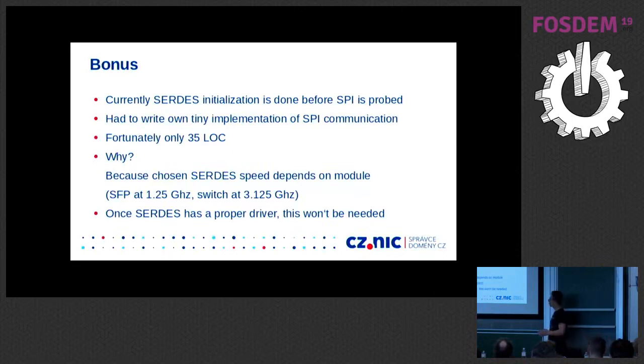So I decided that I will solve this problem by writing my own tiny implementation of SPI communication. It is only 35 lines of code. I write to some registers directly on the CPU, and then read some registers, and I read the first 10 bytes from the SPI, so that then I know which modules are connected.